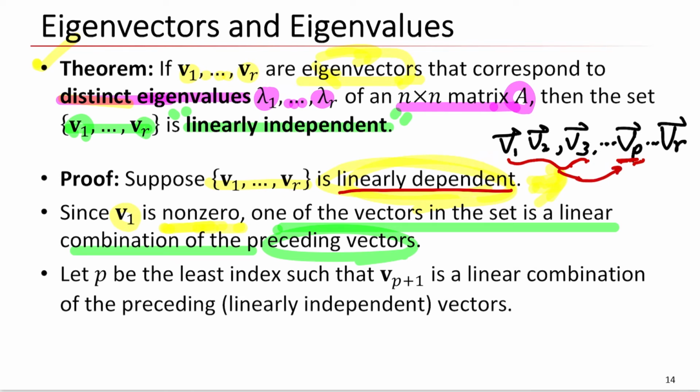Let's say this is v(p+1), and there is vp here.